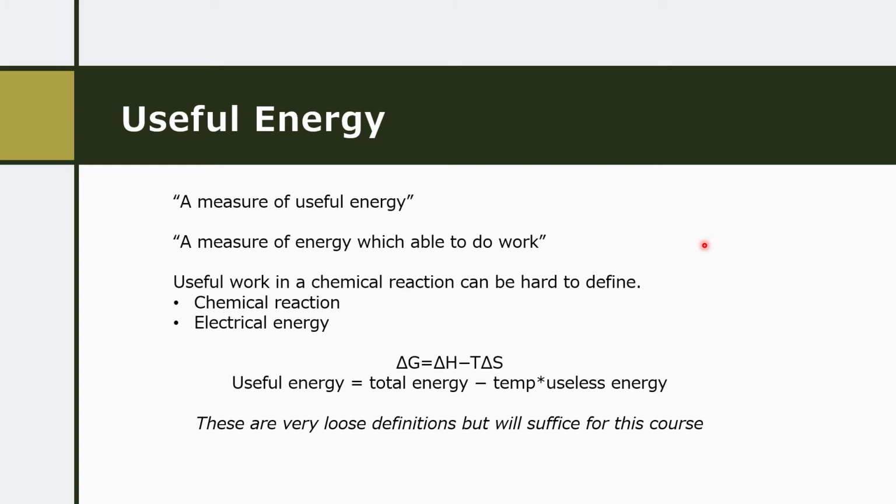But generally, useful energy might be the energy required for, say, a chemical reaction or forming bonds or breaking bonds or anything like that. Another good example of useful energy may be the energy that is used to produce electrical energy in some specific circumstances.